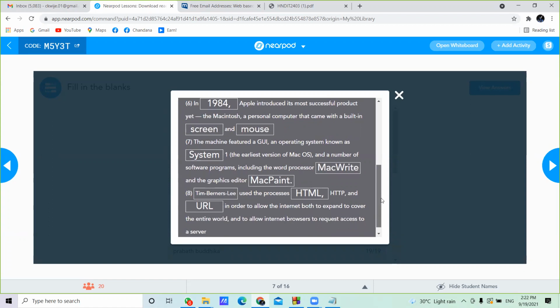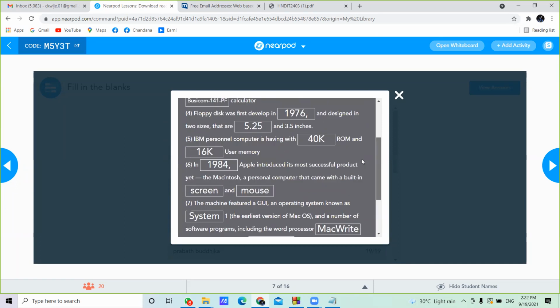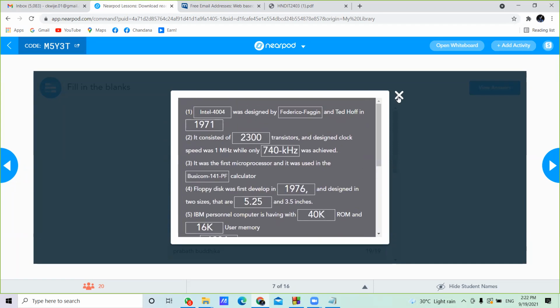Then Apple computers also had MacWrite as a word processor and MacPaint as a graphics editor. Then Tim Berners-Lee is the first person who invented HTML and URL, and the internet became popular because of Tim Berners-Lee's invention. Right, that's about the answers of this activity.